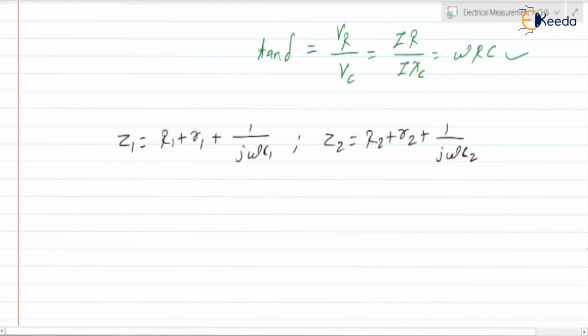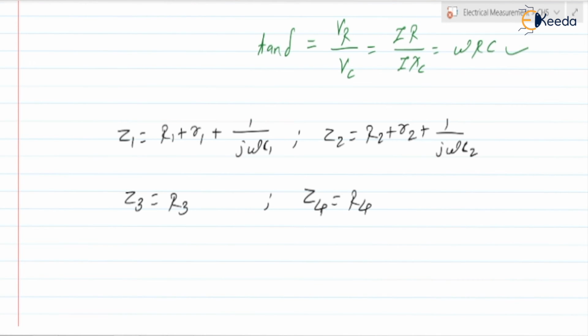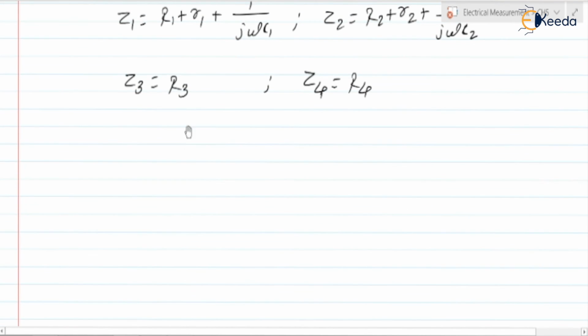Next Z3 is equal to R3 and Z4 is equal to R4. Also at bridge balance we know Z1 Z4 is equal to Z2 Z3.